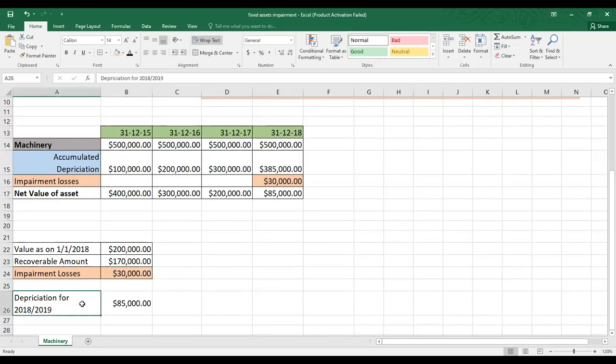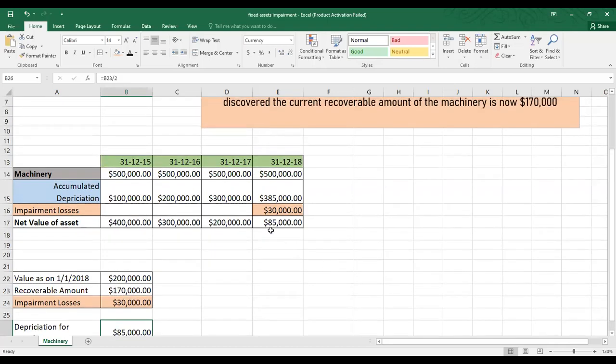So the depreciation for 2018 and 2019 will be $1,70,000 divided by 2 years, that is 2018 and 19. So the depreciation is also going to be simultaneously reduced.